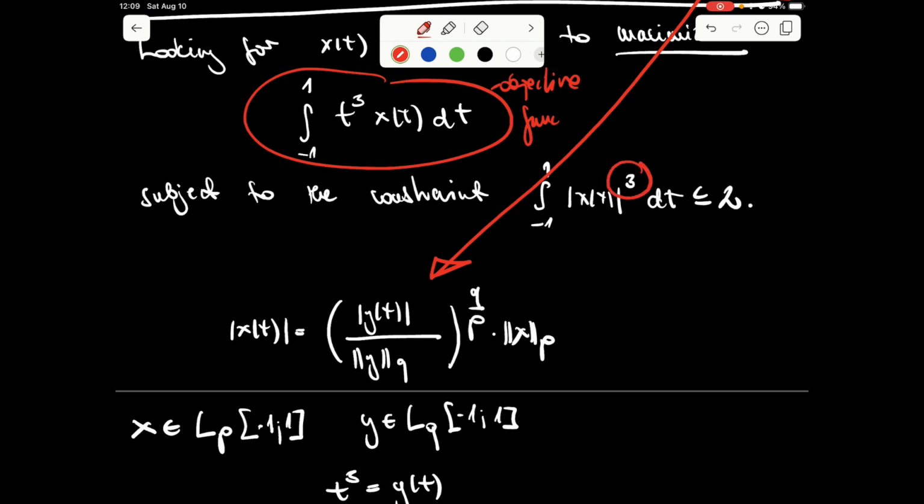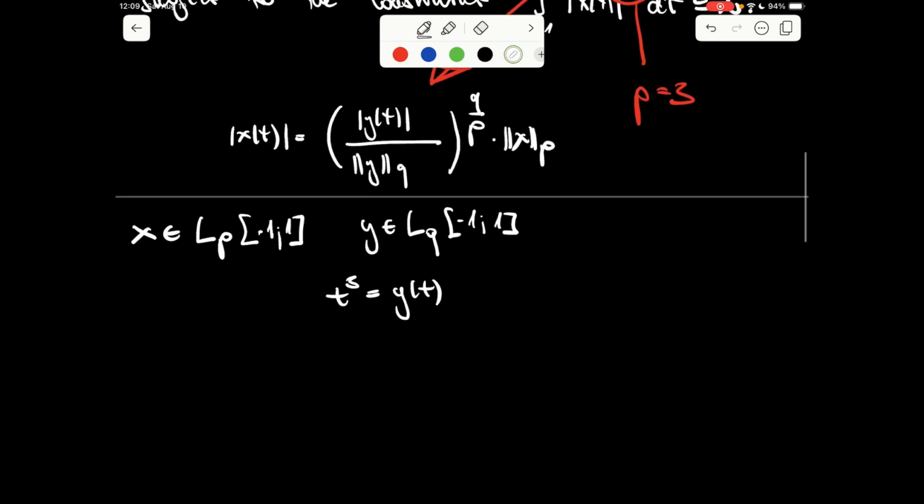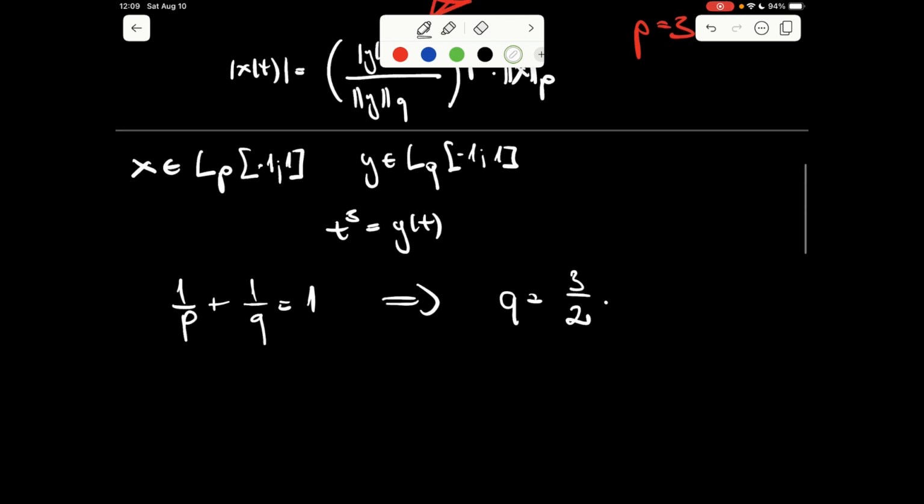Here is the constraint. From this constraint, it follows that p is 3. So given that 1 over p plus 1 over q is 1, it follows that q is 3 over 2. Okay, so as a first step, we identified the two functions, one in space LP, the other in space LQ, and we have the numbers p and q.